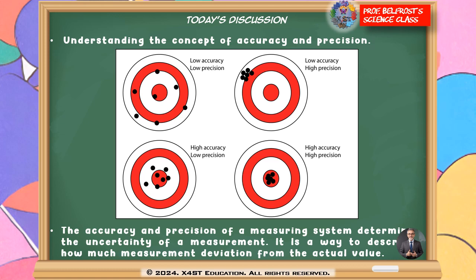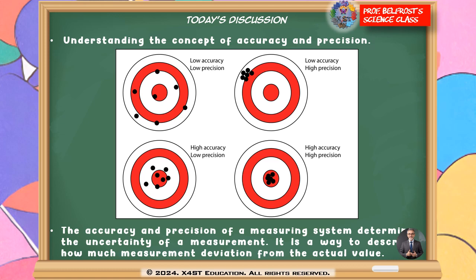They are all grouped in a certain position near the top left, but this is not the right place that we actually want. So it has low accuracy but high precision.